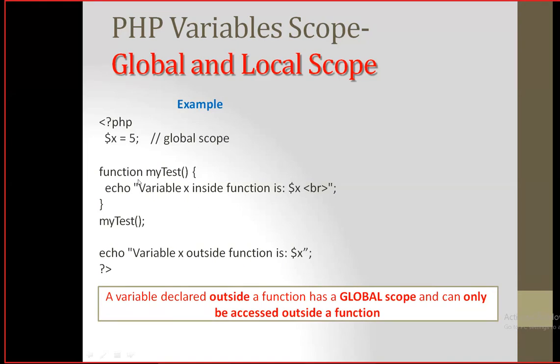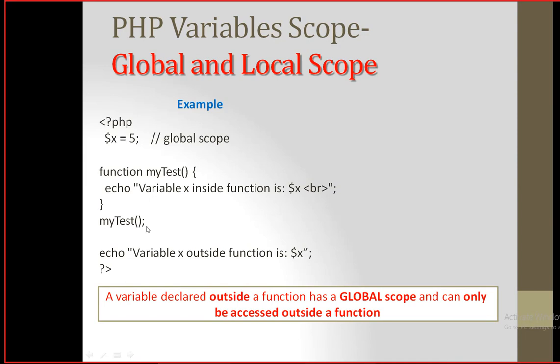We have to use the keyword function, then the function name, and then the parenthesis and the argument list if at all it is required, right? So we are trying to print the value of x inside a function over here, right? But since x has a global scope, it will not be accessible, right?